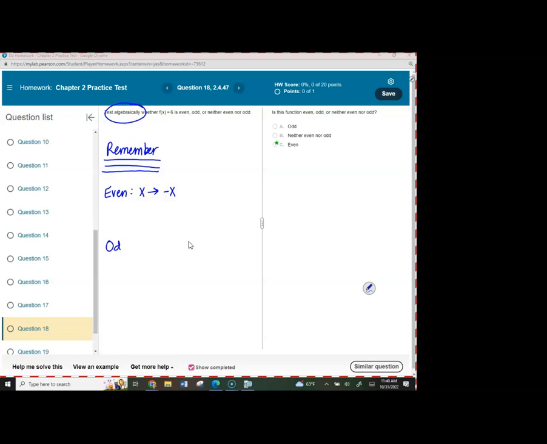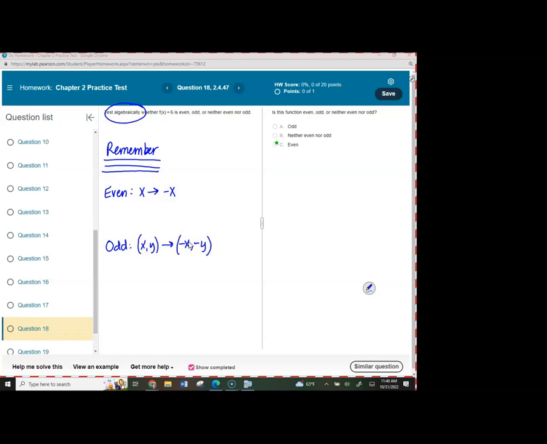If it's odd, the x and y both become negative, and you're checking to see if it's the same equation, okay? That's why it's helpful to do even first, because there's just the one thing to check, then odd second, because you're checking both of them.